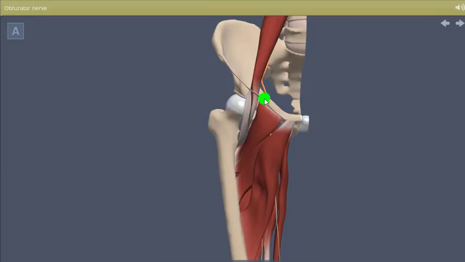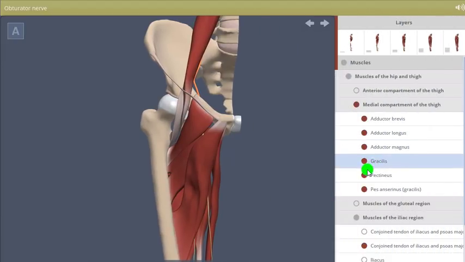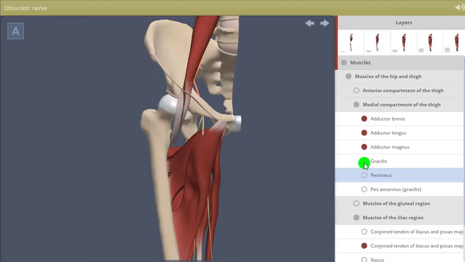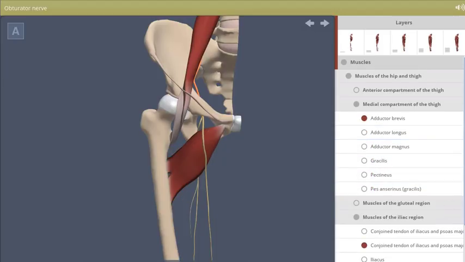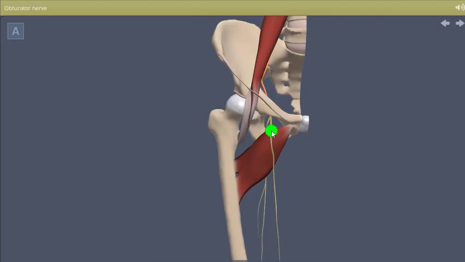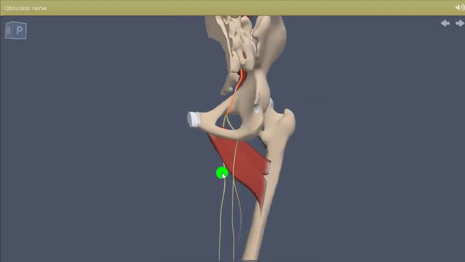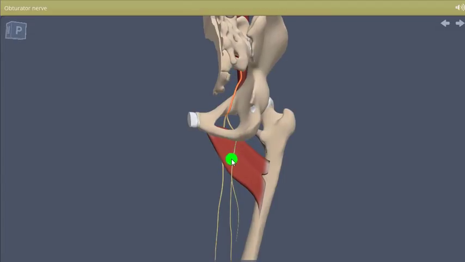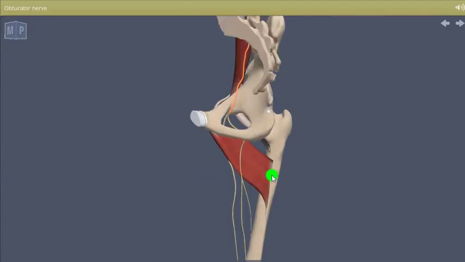When the obturator nerve enters the medial compartment of the thigh, it divides into two divisions in relation to adductor brevis muscle. So if we remove the rest of the muscles, you can see here that the obturator nerve divides into anterior division, anterior to adductor brevis, and posterior division, posterior to adductor brevis.